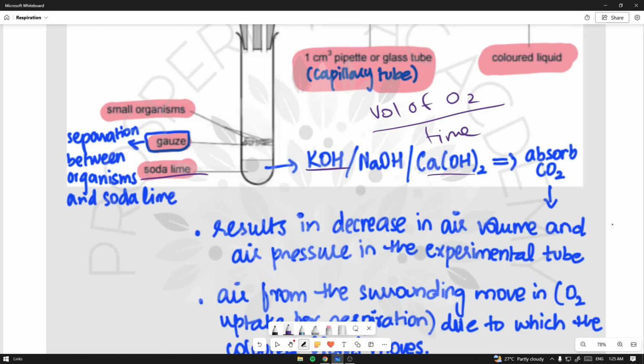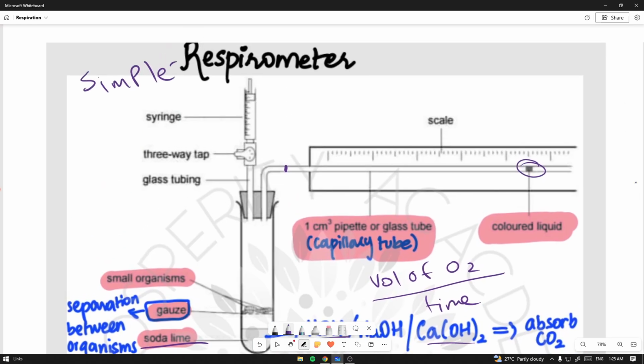Okay, so first I need to write an example value. So let's say in 10 minutes the colored liquid moves, let's say, 15 millimeters towards the test tube.